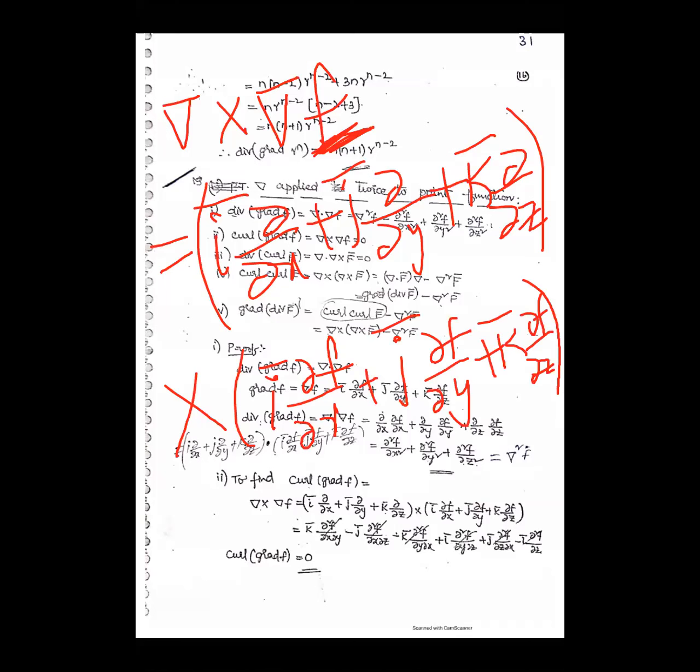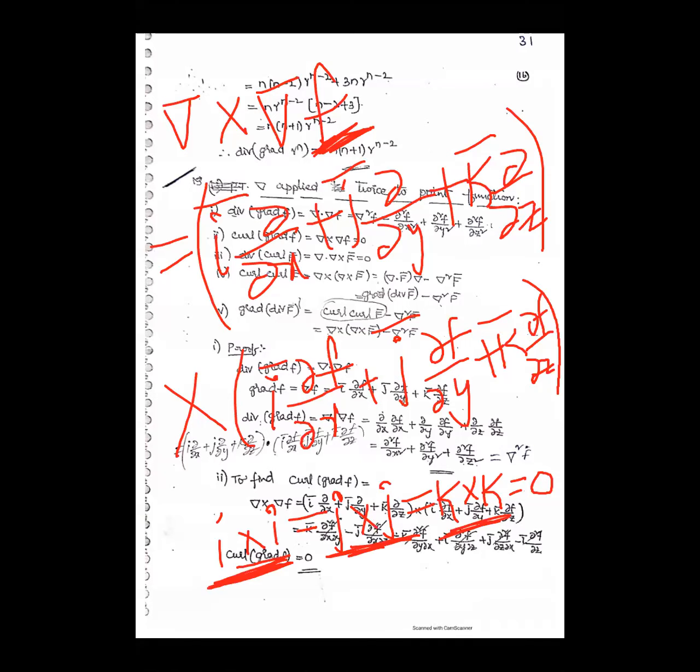Condition number 1: i cross i equal to j cross j equal to k cross k equal to 0. In the same terms, applying cross, the value is 0.